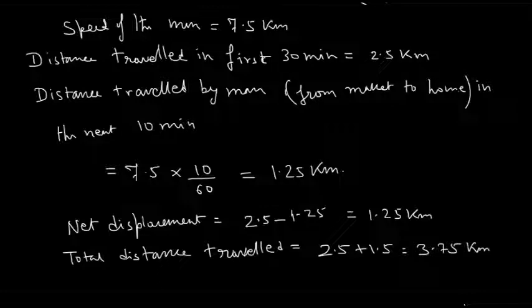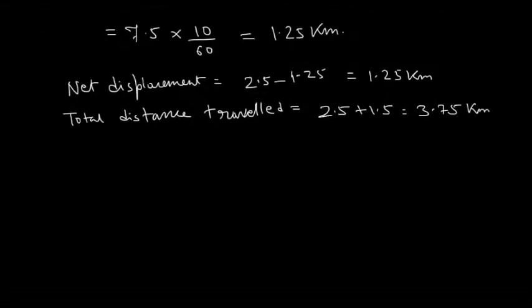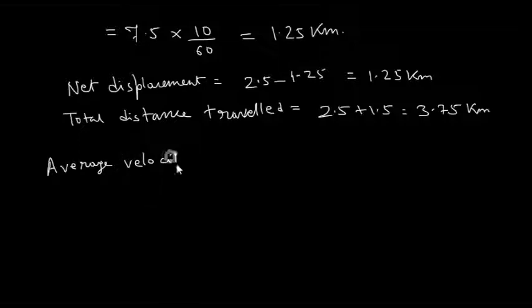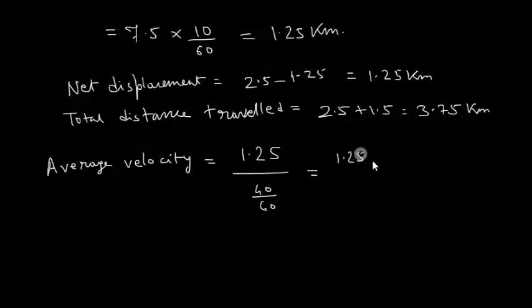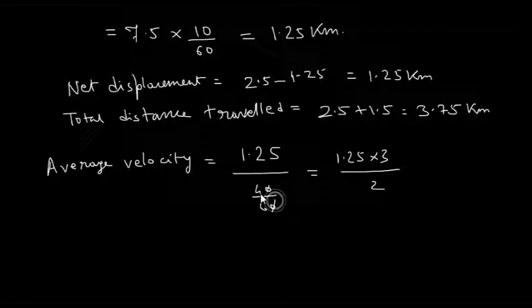Average velocity is equal to 1.25 upon 40 upon 60, that is 1.25 multiplied by 3 by 2. This is 0 0 cancel, this is 2, this is 3, so 3 by 2.